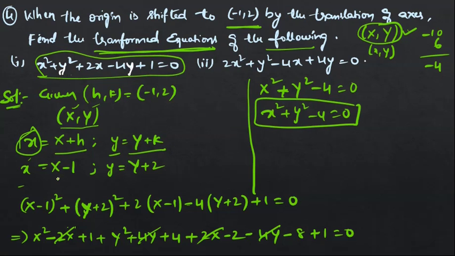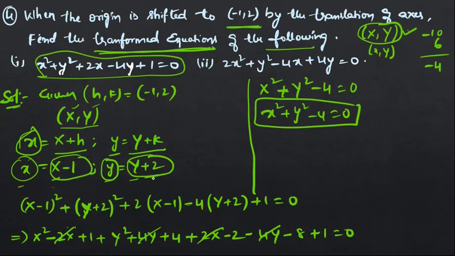So small x equals capital X plus h, the value they gave. How much? Minus 1. Okay. So small x is capital X minus 1. Similarly, small y is equal to capital Y plus 2. So in place of small x and small y, I should substitute capital X minus 1, and in place of y I should write capital Y plus 2.